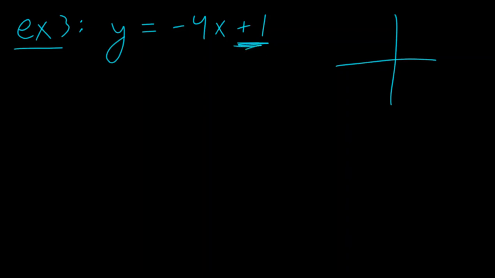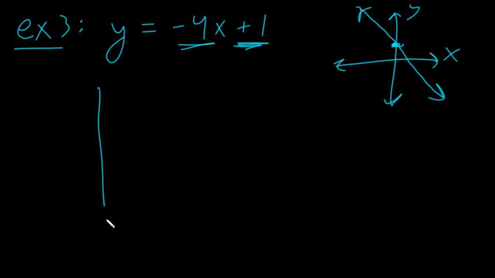Well, if it's positive, it's going to be above the x-axis, and so we'll start somewhere like that. Okay, and then our slope is negative, so instead of going from left to right and increasing, this is going to go from left to right and be decreasing. Or you can think of it as like going down a hill or going down a mountain. Okay, well let's see if our rough draft graph matches our actual example.